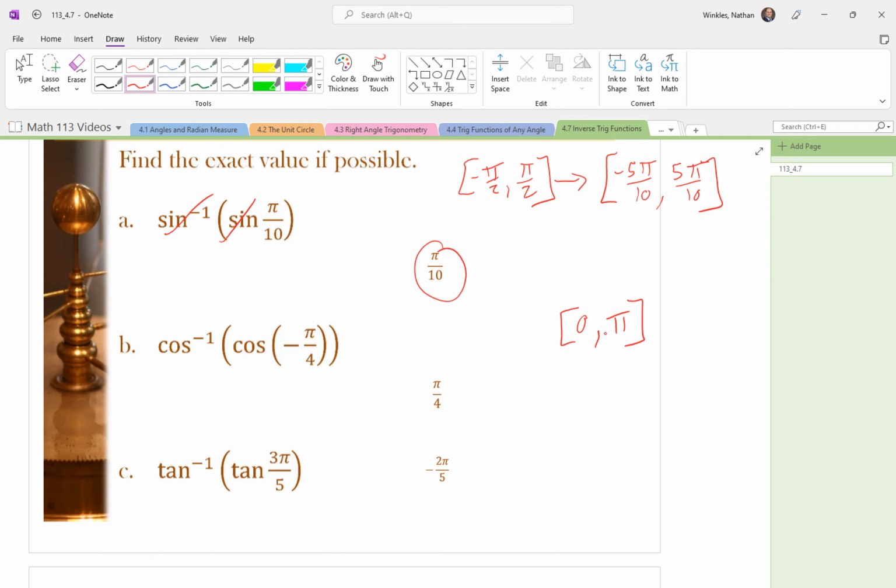However, cosine is an even function, so we could make this cosine inverse of cosine of π/4. And now π/4 is inside of this interval. So therefore we just get π/4.